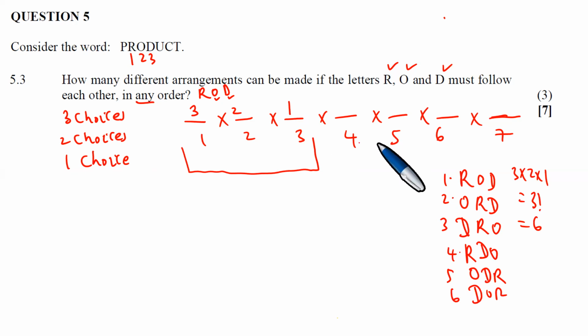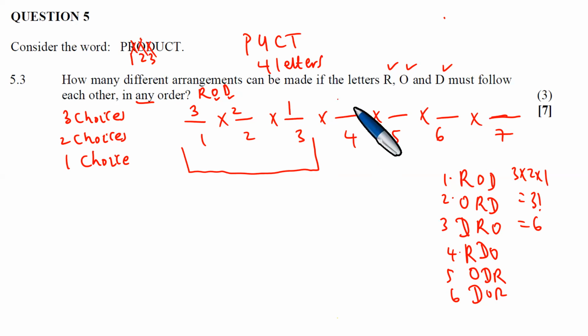Out of the 7 letters, we are left with 4 letters, after we have removed the R, the O, and the D. So we're left with T, U, C, T.